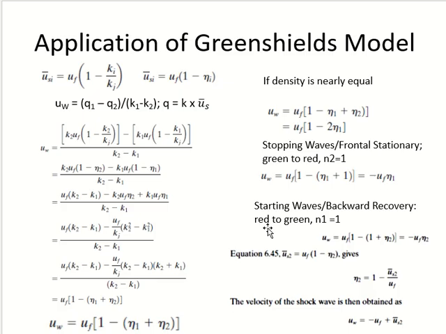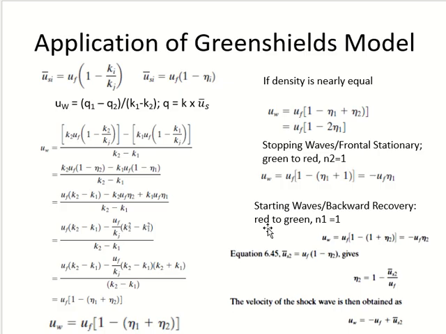Yeah, you can, because we have eta 2 here. So you can go back to this equation and replace eta 2, or you can rearrange it for eta 2. So you open the bracket: US 1 equals UF, I'm opening the bracket, minus UF into eta 1.